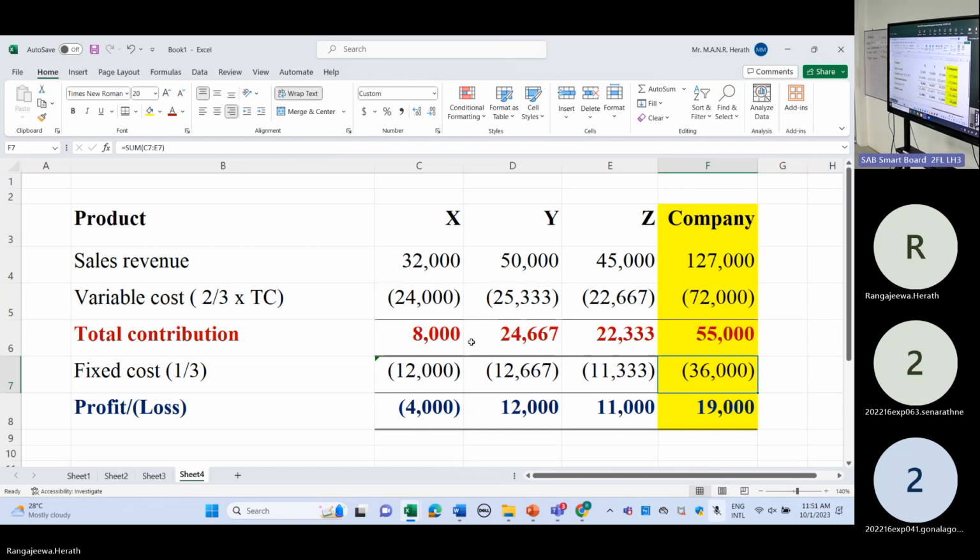That is why sometimes some businesses maintain some of the loss-making products. In some portfolios, they have a loss-making product, but they continue it. The other thing is that sometimes it may affect their brand image.